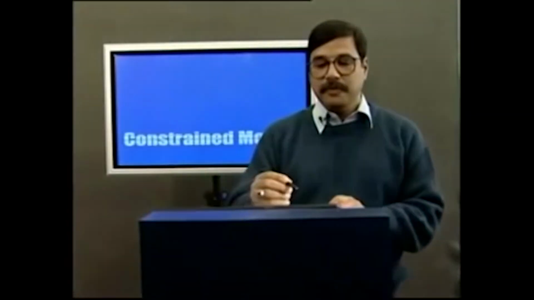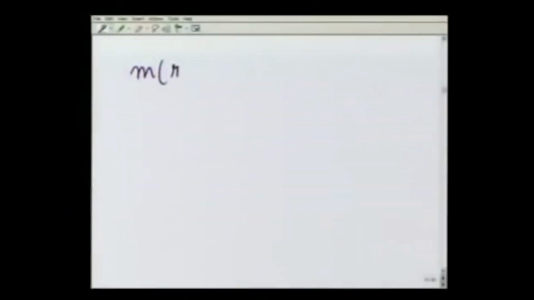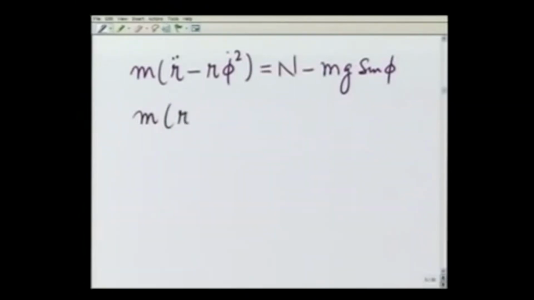So the equations of motion that I have gotten are m times r double dot minus r phi dot square equal to N minus mg sine of phi, and m times r phi double dot plus 2 r dot phi dot is equal to minus mg cosine of phi.